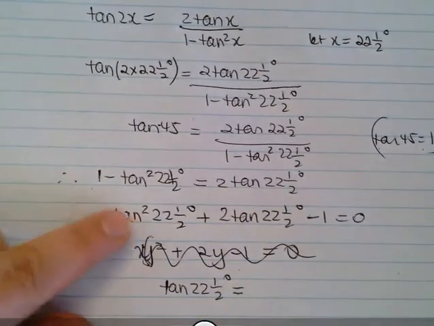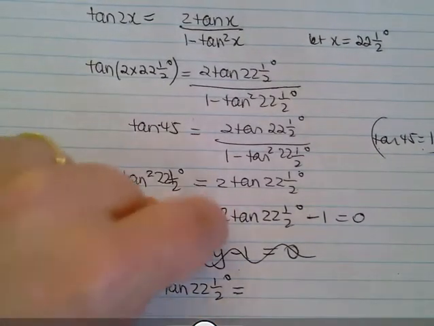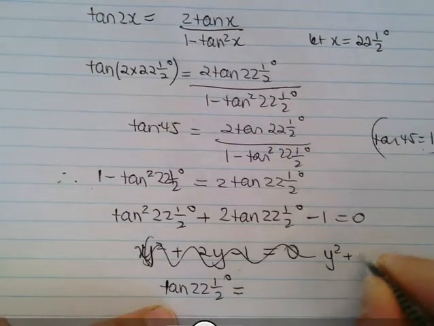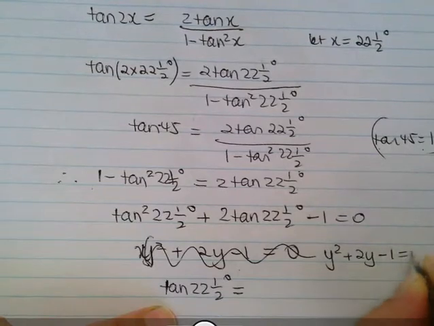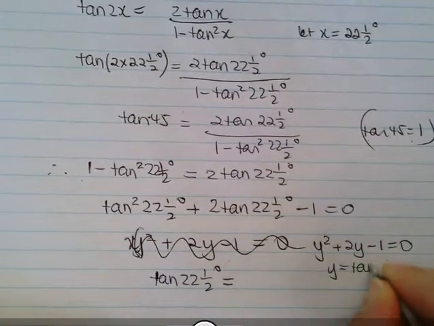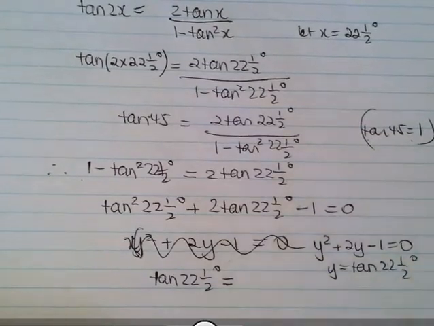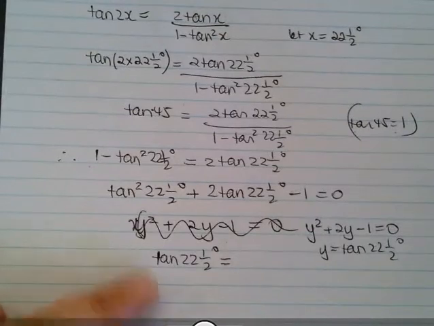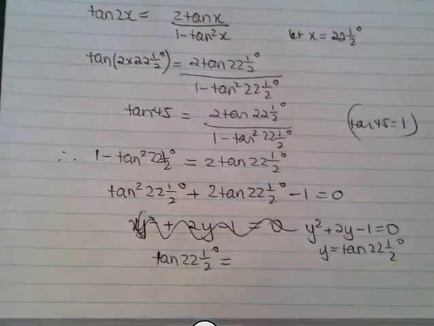Are you okay with that? Because that's like x squared plus 2x minus 1. Or I'll even call it y squared plus 2y minus 1 is 0, where y is the tan of 22.5 degrees. Are you okay with that? Sure. So it's the quadratic formula. What's A?